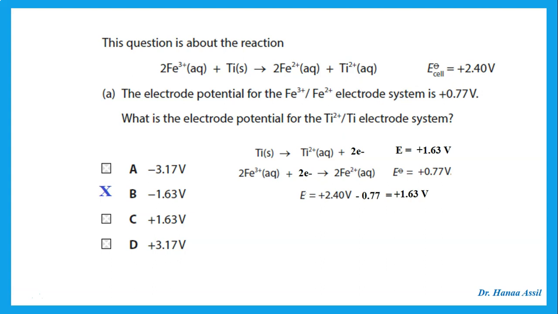When we're asking for electrode potential, we're asking for the reduction. In my reaction here, the E comes out to be plus 1.63, that's okay, but that is for oxidation from titanium solid to titanium 2 plus. So the electrode potential for that system is minus 1.63.